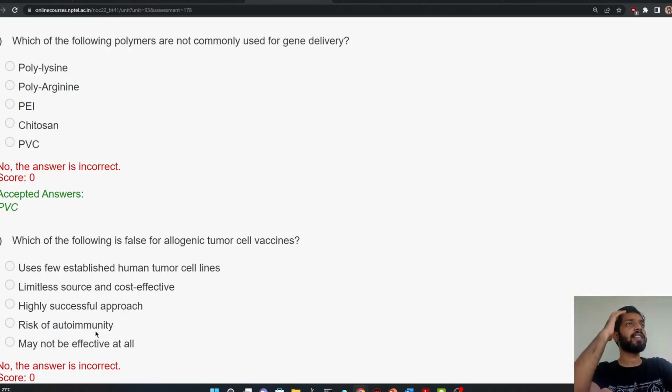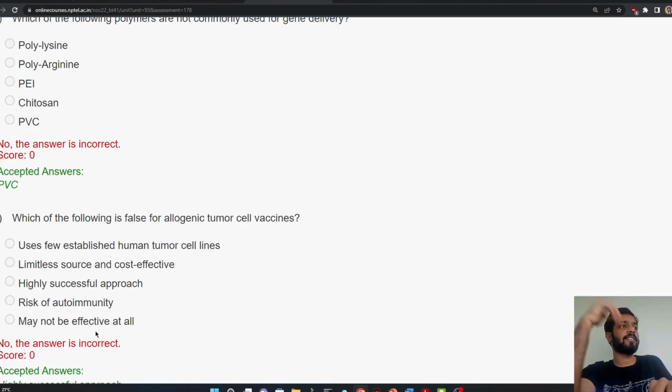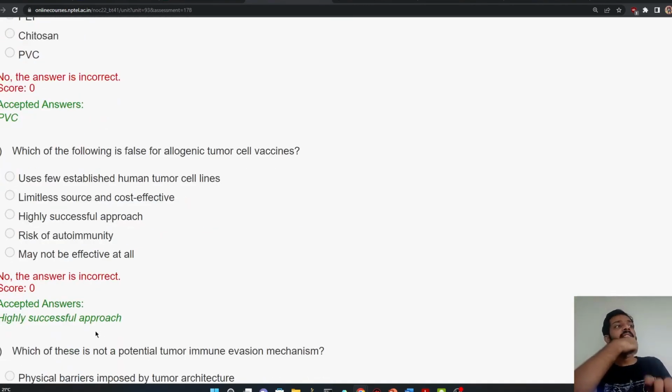An allogenic tumor cell vaccine is basically where you take the tumor cells from another individual, digest them, collect those antigens and then inject them into the next person, to raise immunity against those specific cancers. It's not successful at all.